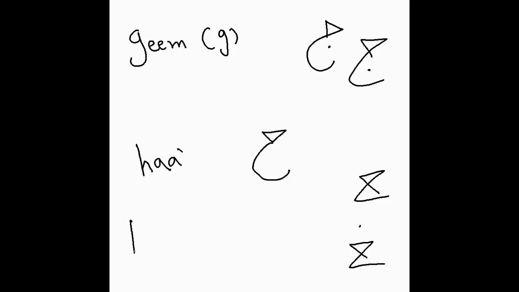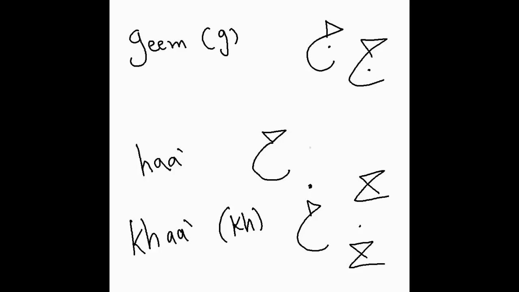And then Kha, also pronounced as Khe. I don't think this has an English equivalent, but that's how it's usually written. Khe, again a triangle with a dot on top of the triangle.